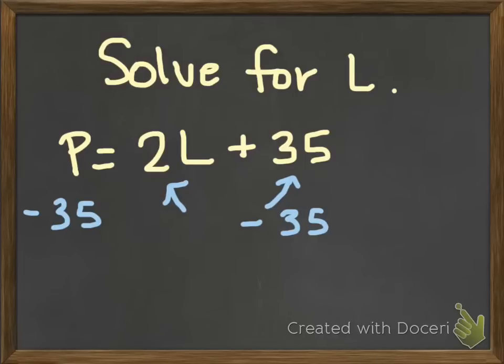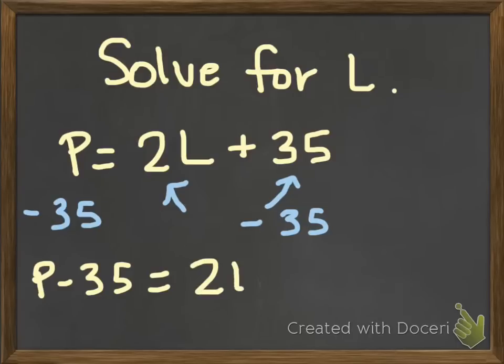And now we have, on the left side, p minus 35 equals, and on the right side we have 2L. And that's because the 35 minus 35 is 0. Okay, so we almost have L equals. We have p minus 35 equals 2L. We want just 1L. So we're going to divide both sides by 2.